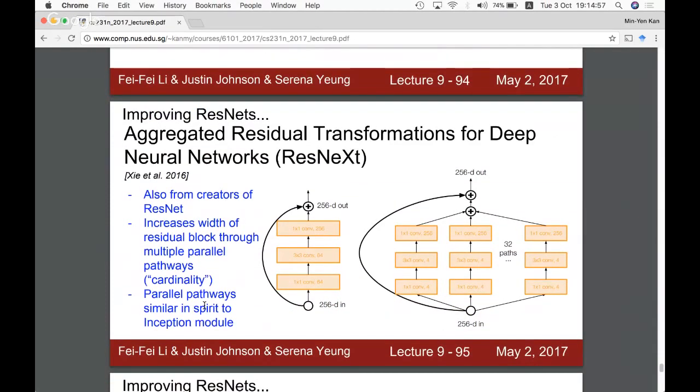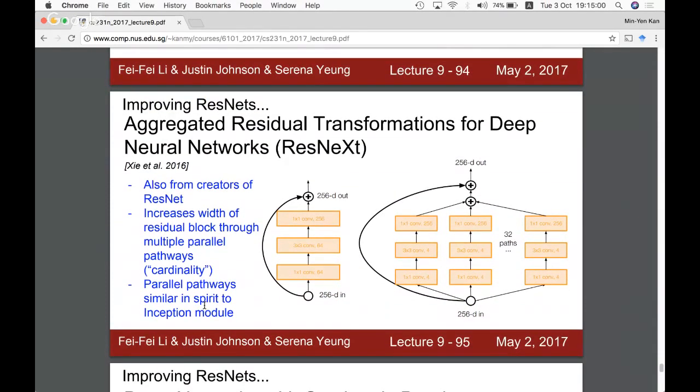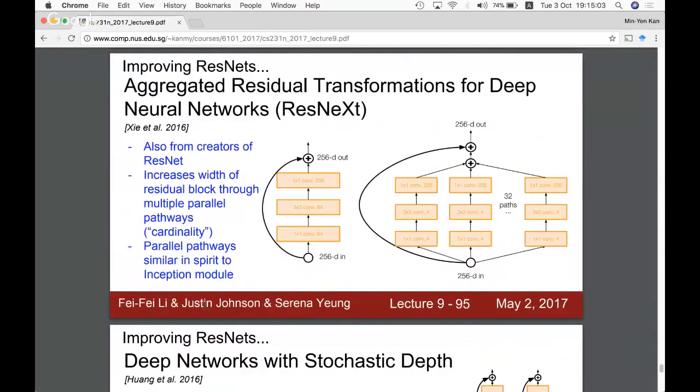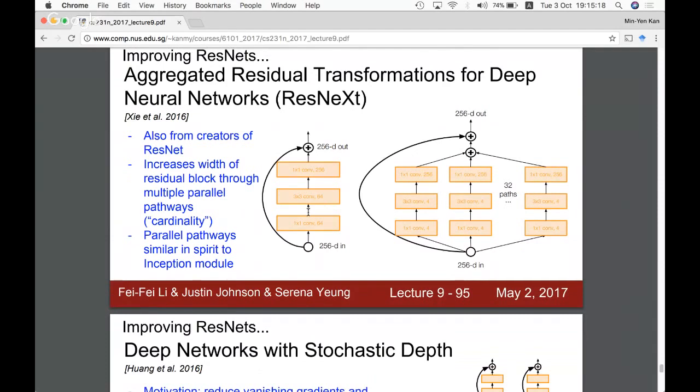The next one, I think, is also from the same original authors as ResNet. I think these two papers came out around the same time, and they are also thinking in terms of using wider residual networks.